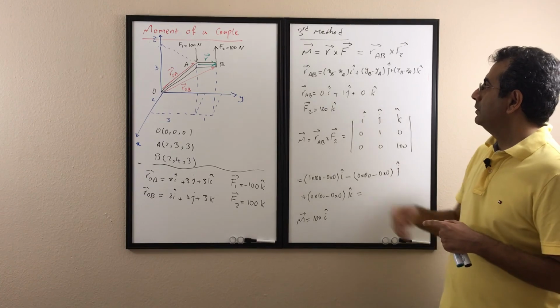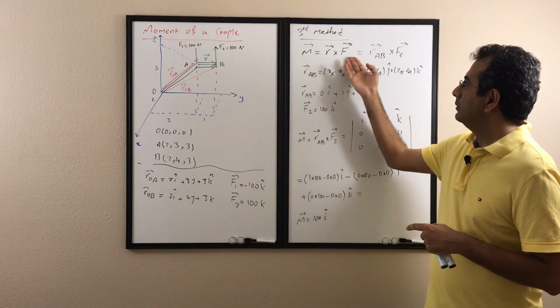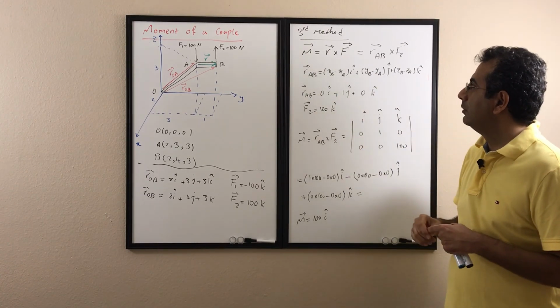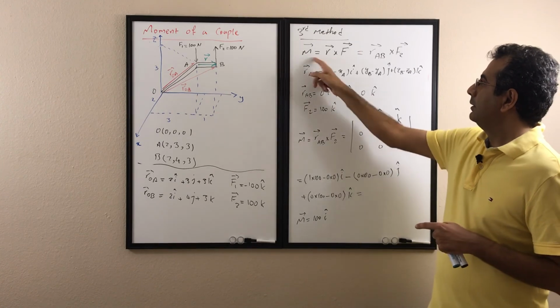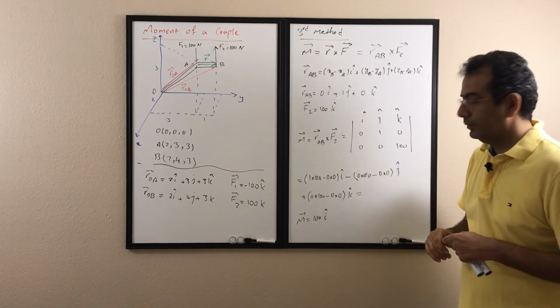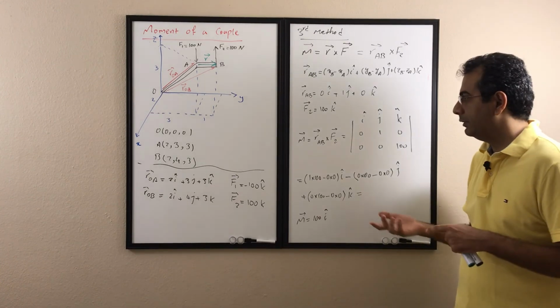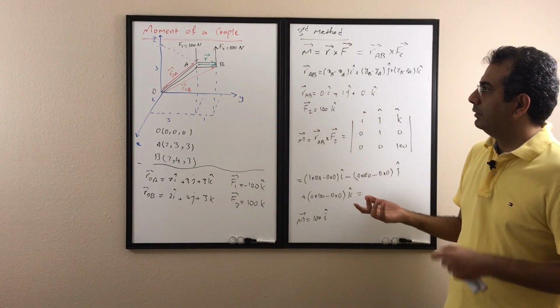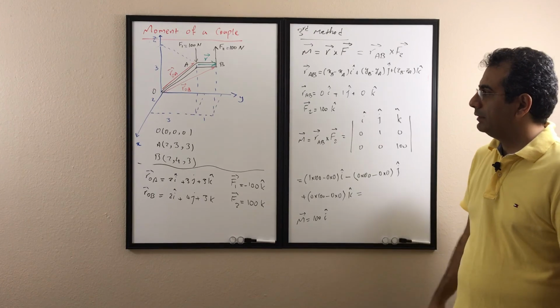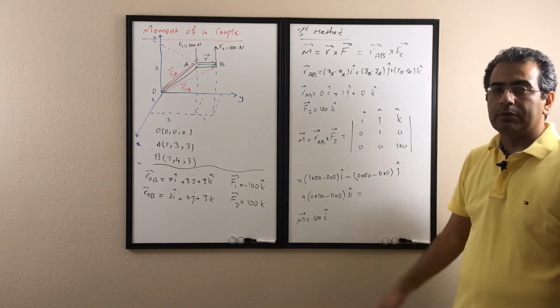And the third method is to use the 3D calculation for the moment of a couple and find the moment. All three methods give you the same answer, and you can use either method, depending on which one would be easiest for the problem you are solving.